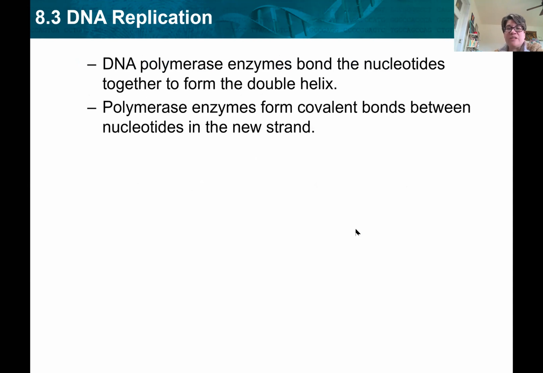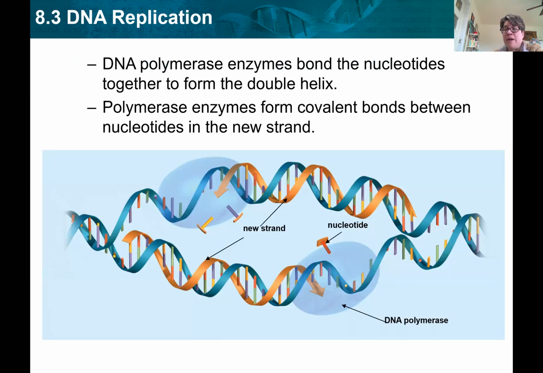All right, so here's some of the enzymes that are doing the work, and you'll have some questions on these. This is DNA polymerase, and it's doing the work of bringing in the new nucleotides and bonding them. Polymer means like a, what's the best way to describe it? A polymer is like a whole bunch of the same units added together, like a beaded necklace.